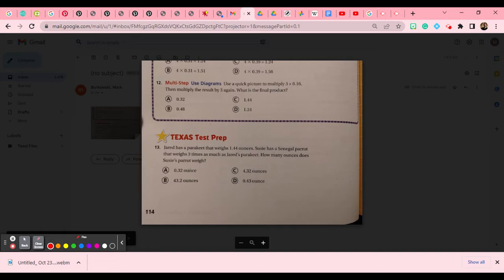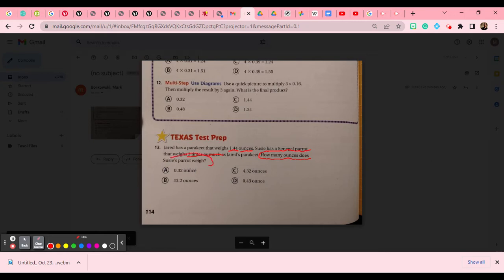All right, so we have Jared's parakeet that weighs 1 and 44 hundredths ounces, right? We're just going to note all that. Susie has a Senegal parrot that weighs 3 times as much as Jared's parakeet. Our question that we want to answer is, how many ounces does Susie's parakeet weigh?